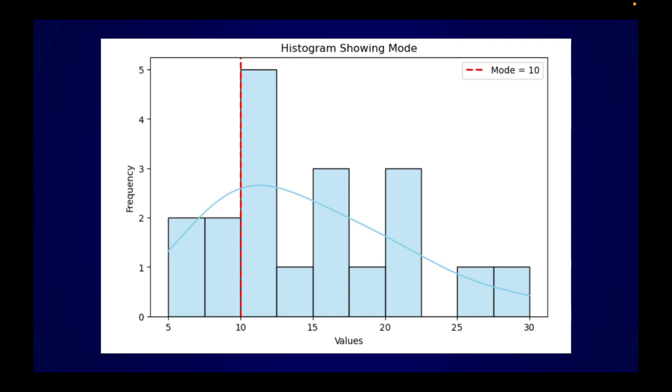So what this histogram is telling us is that the dataset has a peak around the value 10, meaning 10 is the most frequent number in the dataset. The data is spread out across values from 5 to 30. The smooth KDE line helps us see the overall shape of the data distribution.